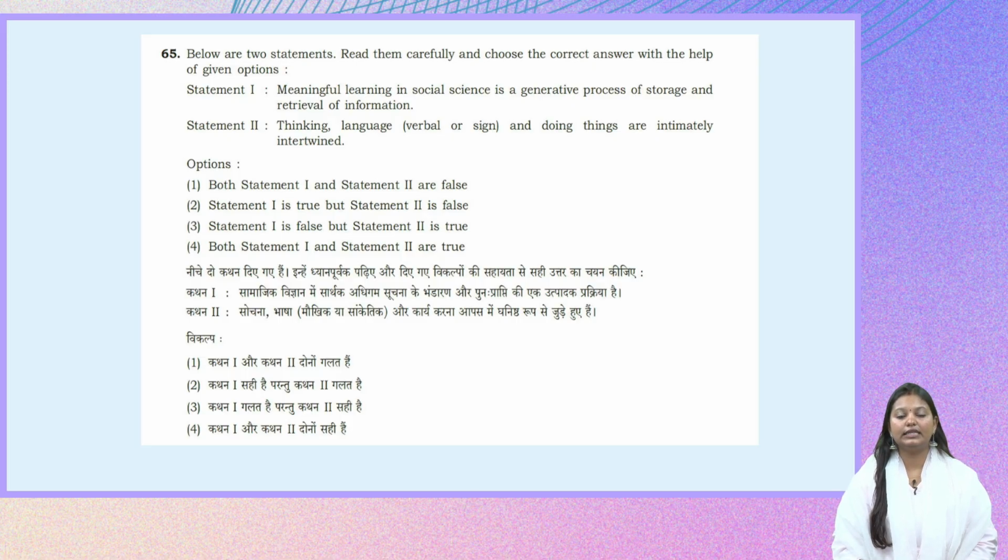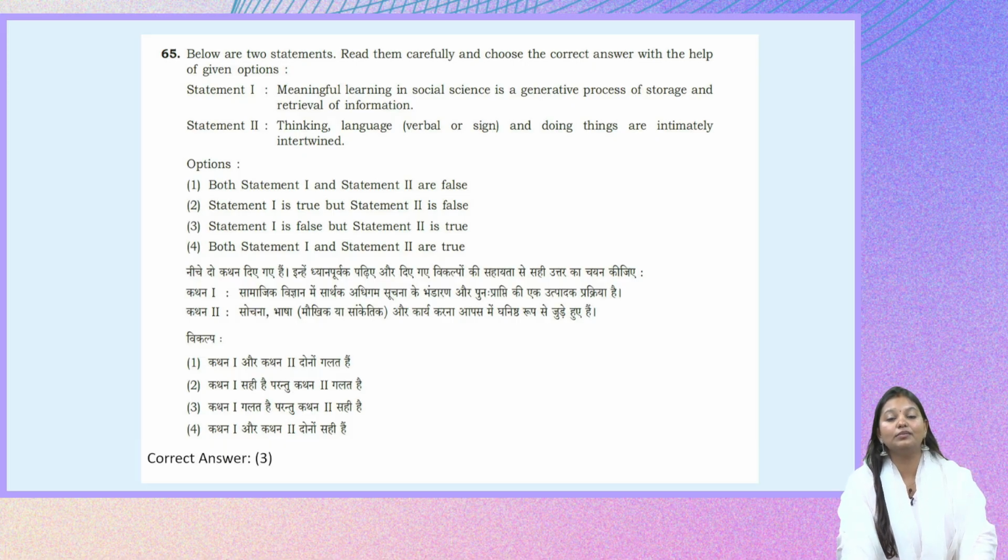Statement 2, thinking, language, verbal or sign, and doing things are intimately intertwined. When we read these statements, we realize that social science cannot be the mere process of retrieval of information from storage. Hence, statement 1 is false and statement 2 is true. So, the right answer here is statement 1 is false and statement 2 is true. That is our option 3.